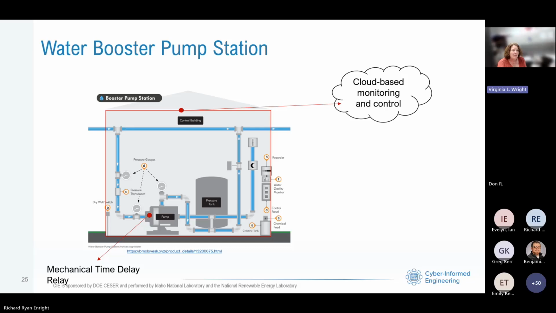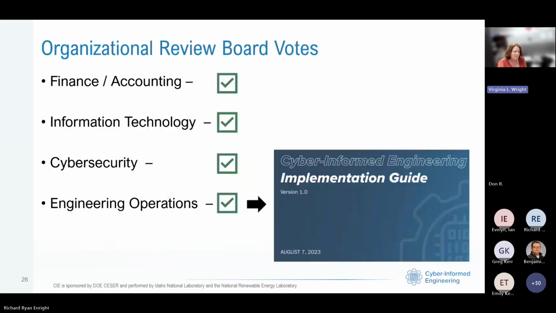And while that would keep the engineers from being able to issue finely grained commands to the pump unless they did it in the water booster pump station out of line with that mechanical time delay relay, it would also prevent the adversary from being able to operate the pump any more quickly than the relay would allow.